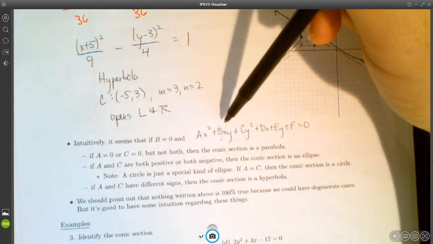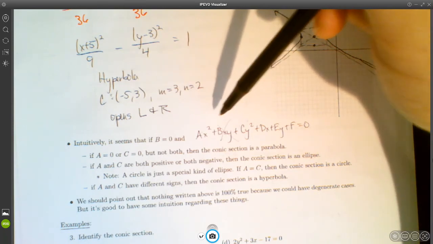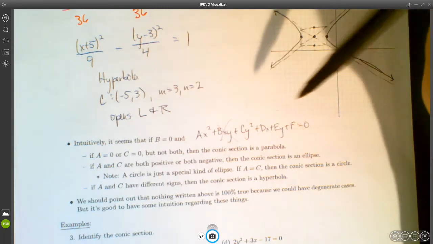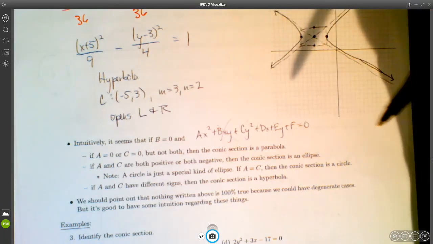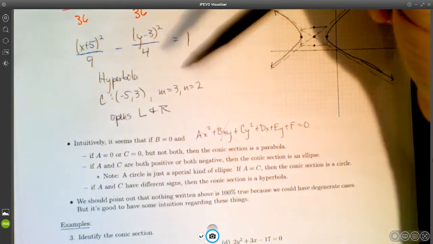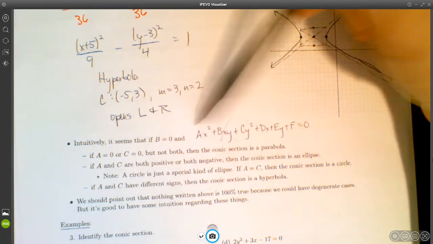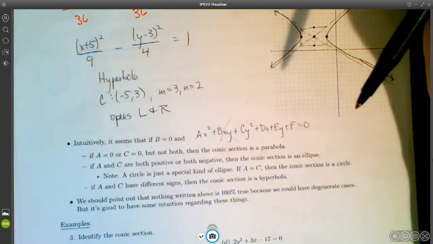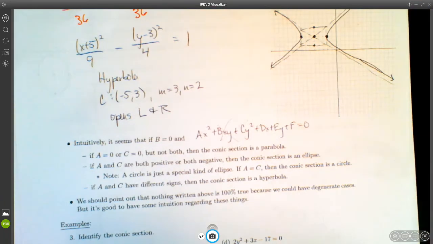Because in order for you to have a hyperbola, you have to be subtracting the x group from the y group, or the y group from the x group, which means that A and C would have to have different signs. So if A and C have the same sign, then the conic section is an ellipse. And more specifically, if A and C are exactly the same number, then the ellipse is really a circle. And then finally, if A and C have different signs, then you've got a hyperbola.